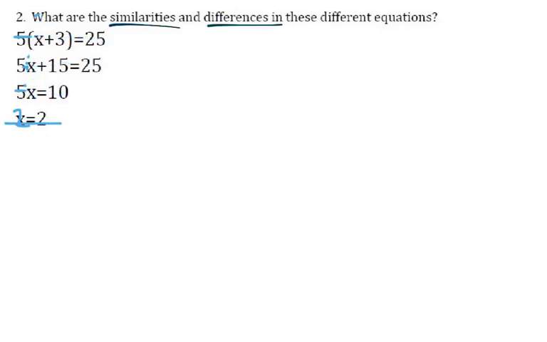So they all have the x value of 2 as part of their result, I guess you would say. So yeah, there's some similarities. There's differences too. They have different numbers. They have different operations. Some are bigger, some are smaller. Okay, but they're all there. Okay, now, are these four equations the same?